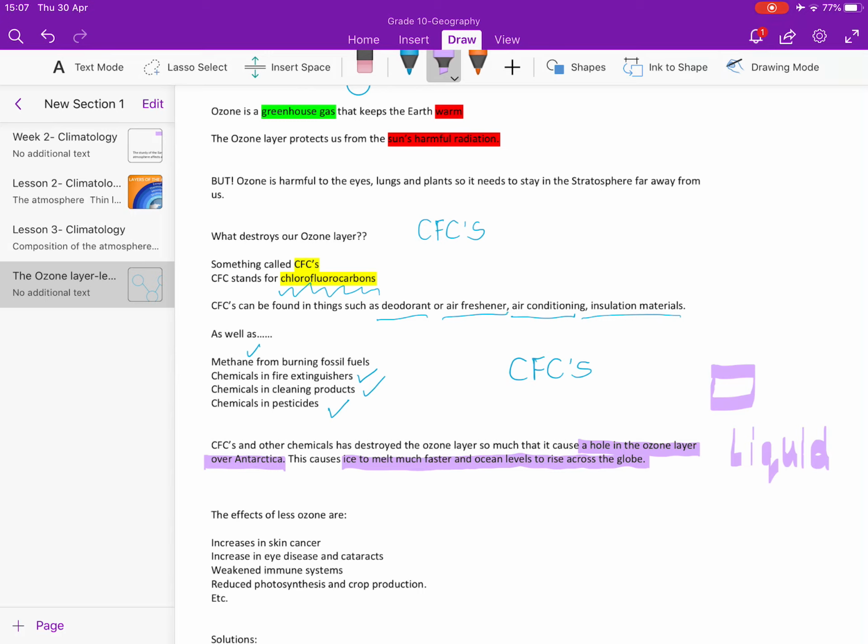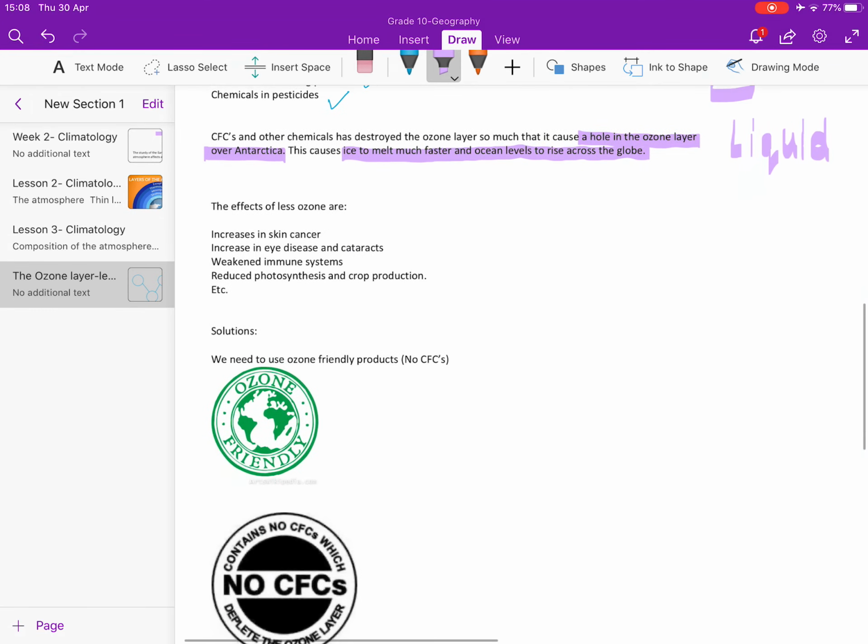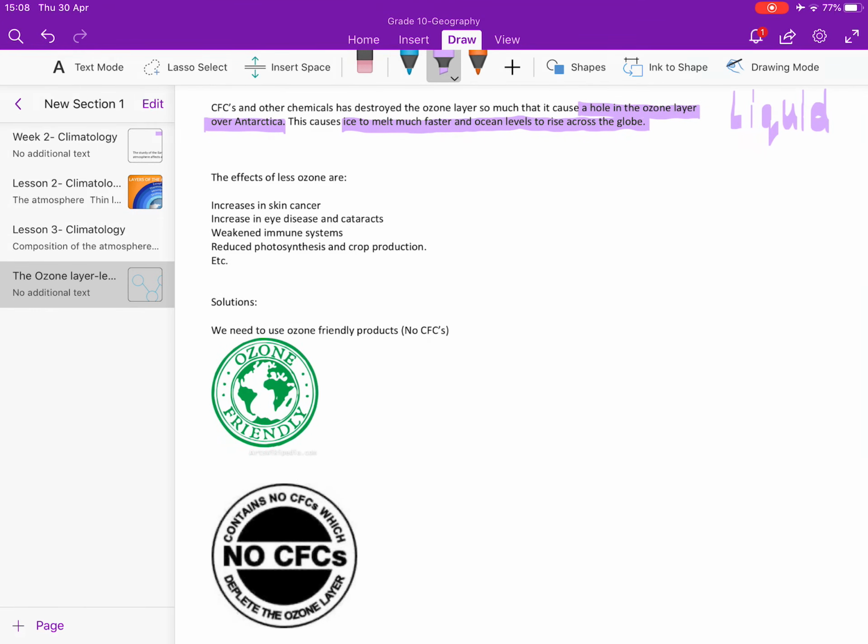So this rising of the ocean levels can have tremendous effects on landforms, and obviously it affects other things as well, forms of life and so on. So we need to control the effect that CFCs have on the ozone layer. Let's just have a look at what will happen if we have less of an ozone layer left around our Earth.